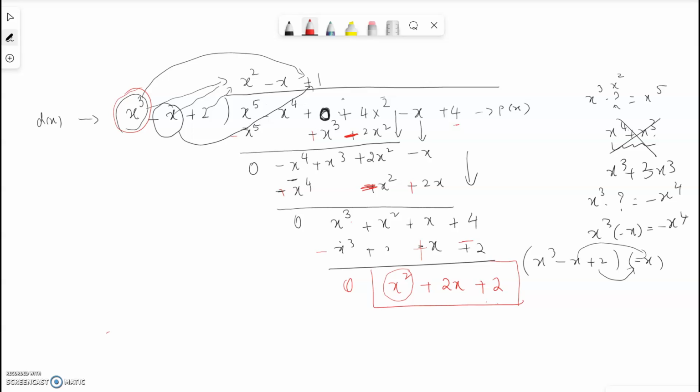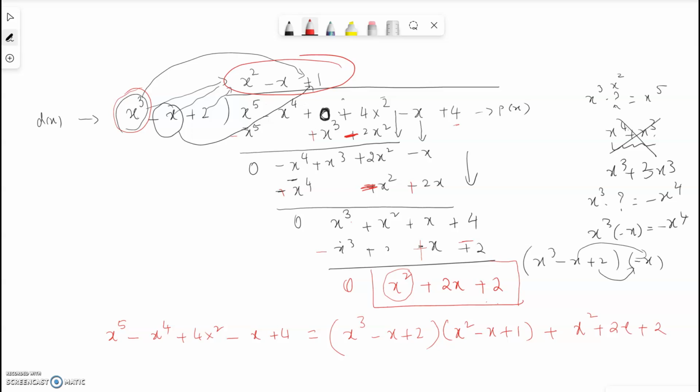So now x to the fifth minus x to the fourth plus 4x squared minus x plus 4 is equal to x cubed minus x plus 2 times the quotient x squared minus x plus 1 plus the remainder x squared plus 2x plus 2.